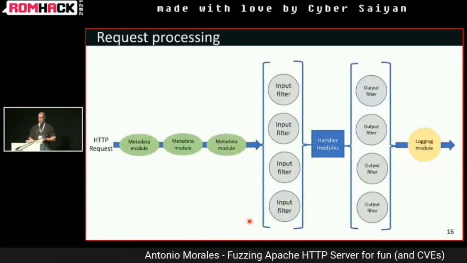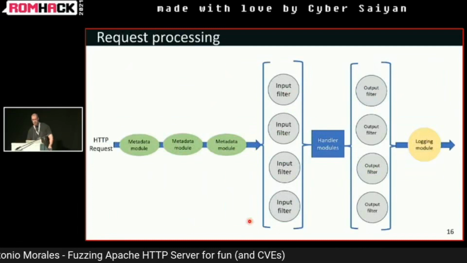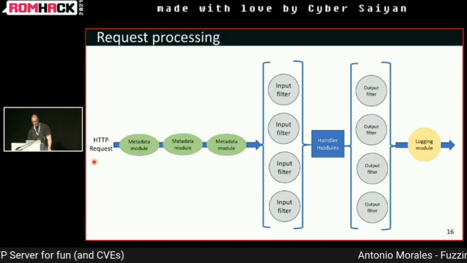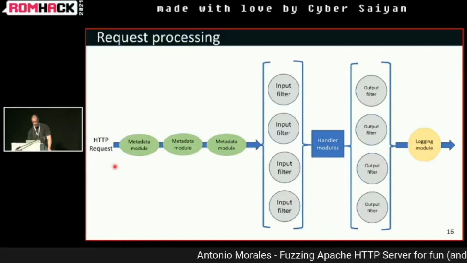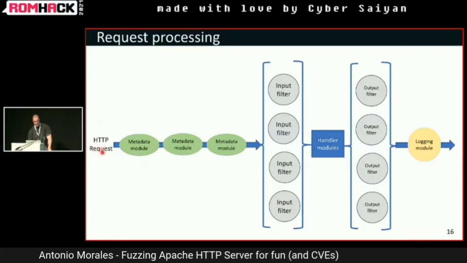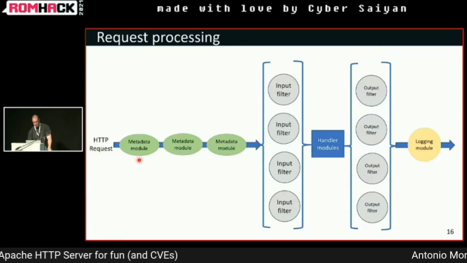Now I will show you an HTTP request and how this HTTP request is processed by Apache. For example, we have our HTTP request here. At first, this HTTP request will go through these metadata modules.